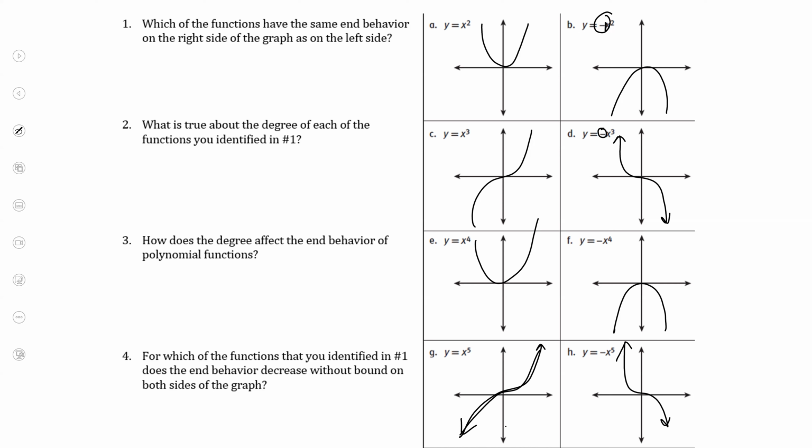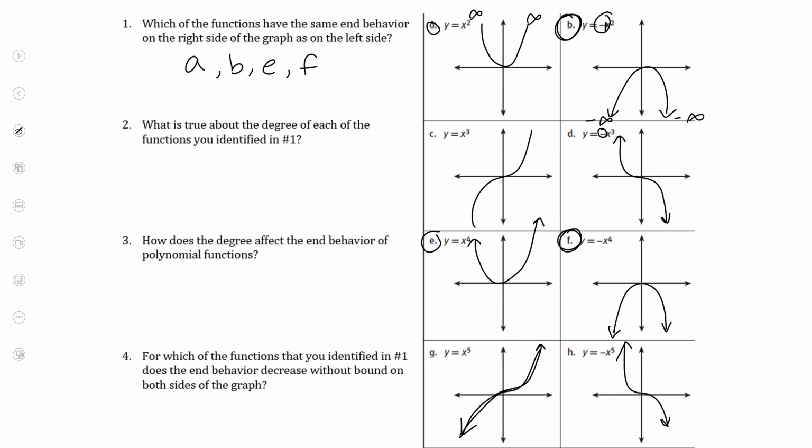E has the same end behavior because this side is going to infinity and this side is going to infinity. What else? Yep, A. This one is infinity to infinity. What's this one? They're both going down to negative infinity, right? They have the same end behavior on both sides, and also F. These both have the same end behaviors on both sides. So you should have put A, B, E, and F.